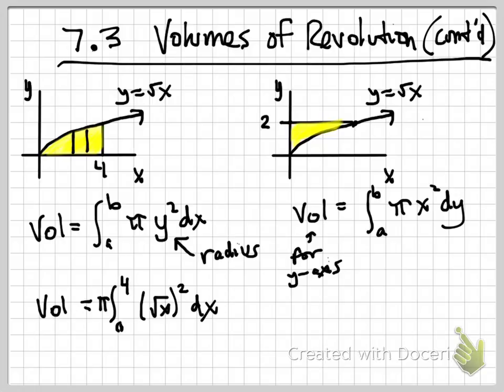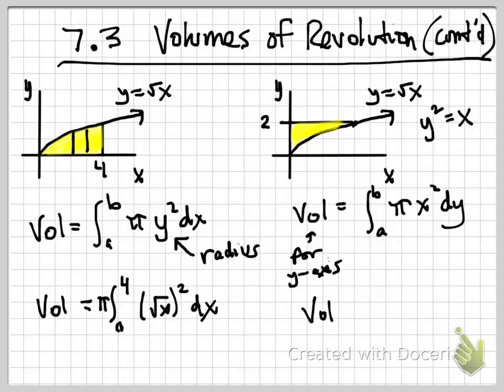A good indicator of what variable you should be using is that if you see dy at the end, then we know that our radius should be expressed in terms of y. So in this case, where we see y equals the square root of x as our function, we'd really want to say, well, what does x equal then? In this case, x would equal y squared. If we squared both sides, we would create the equation x equals y squared.